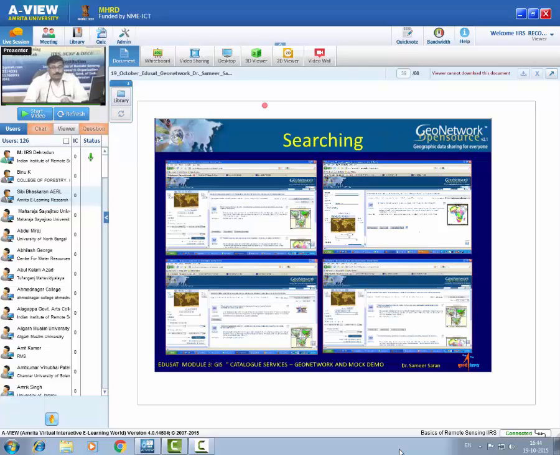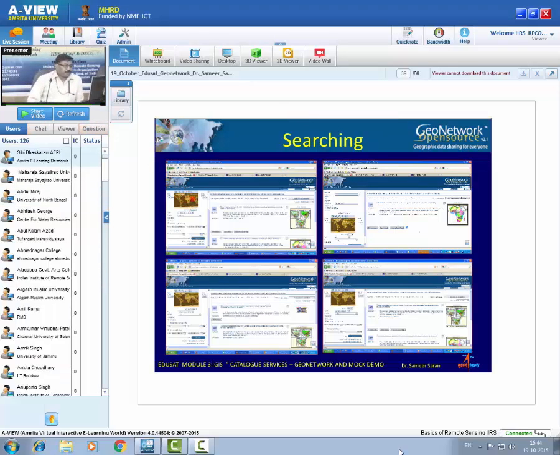Then the searching mechanism, which I was telling you about, has a small window. Here you can see that the spatial search is available. Once you search, the thumbnail will come automatically, and the information about this particular map is available.